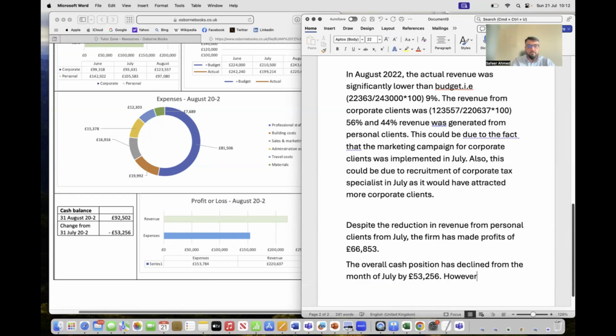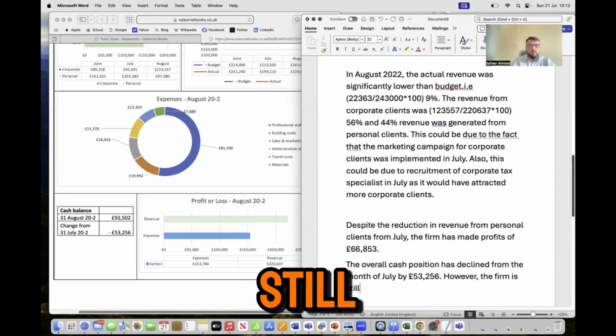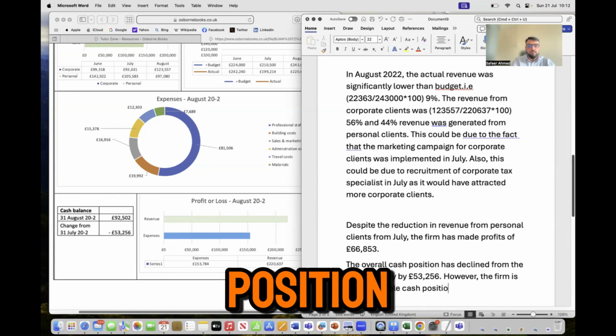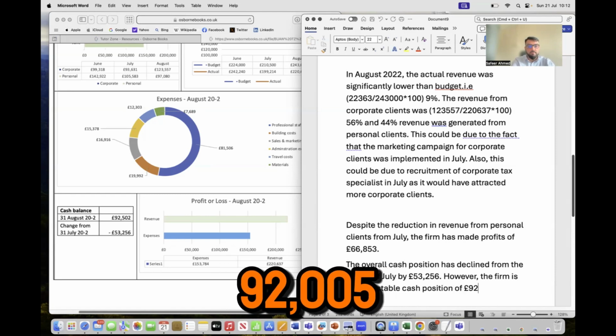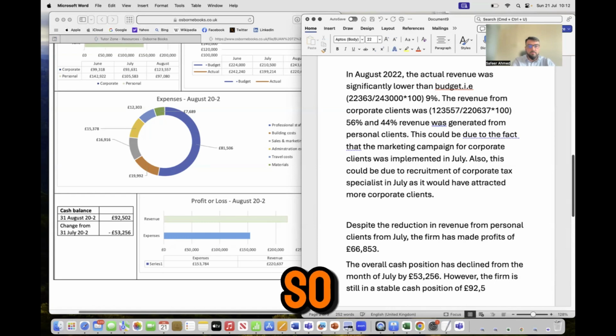However, the firm is still in a stable cash position of 92,502.